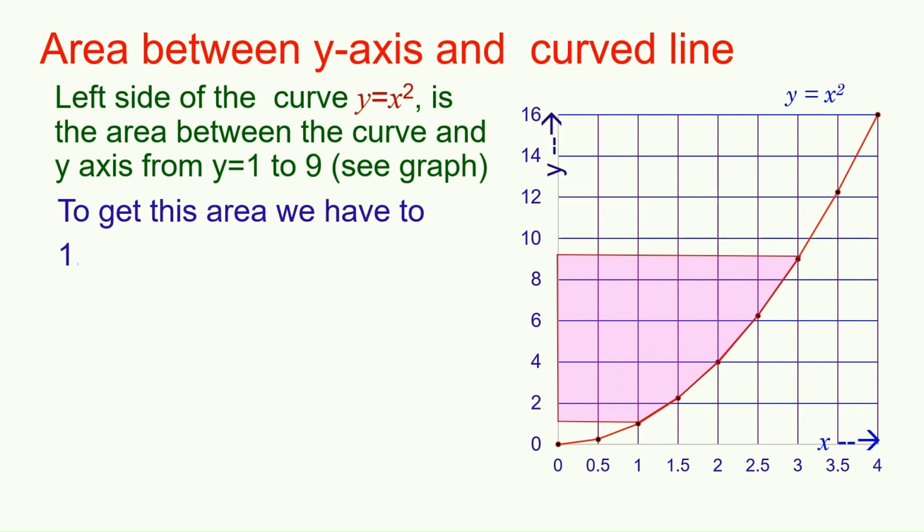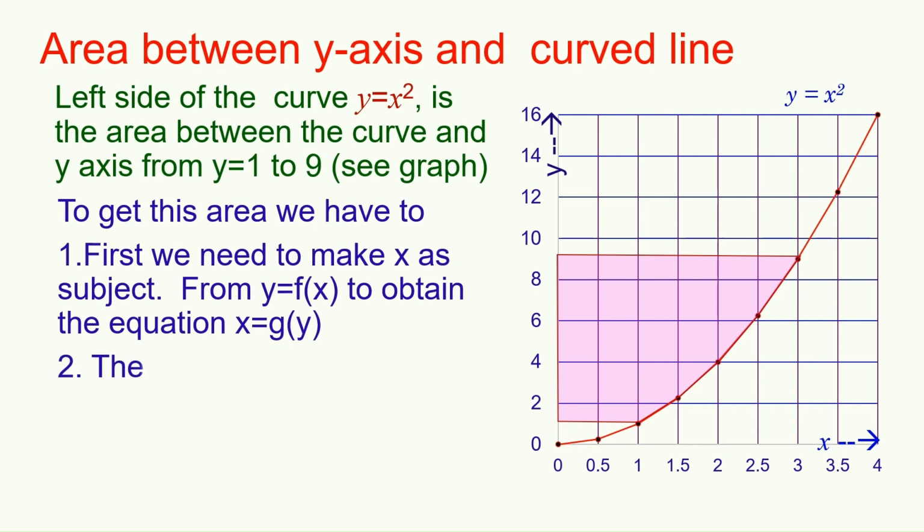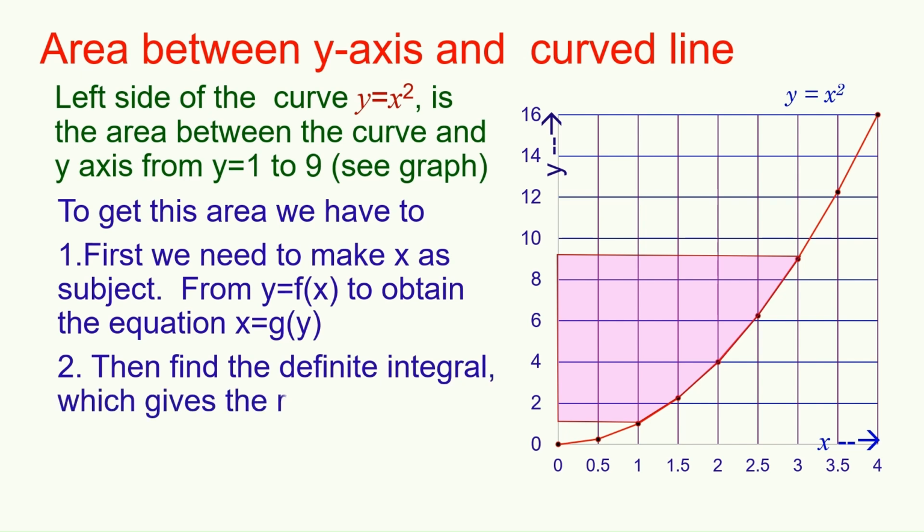To get this area, first, we need to make x the subject from y equals f(x) to obtain the equation x equals g(y). Then find the definite integral, which gives the required area. That is, definite integral of g(y) with respect to y from a to b.